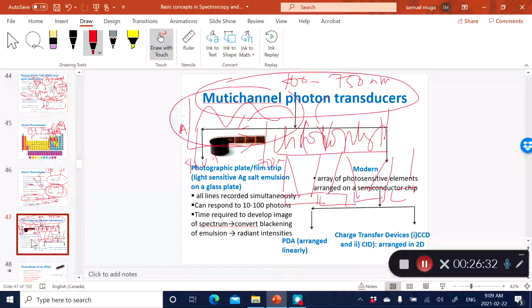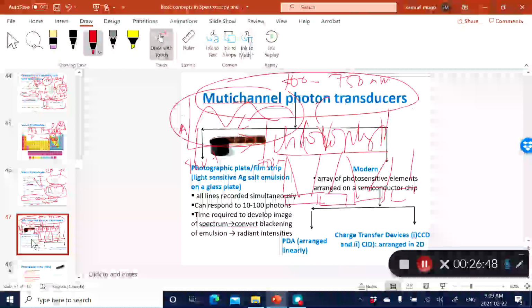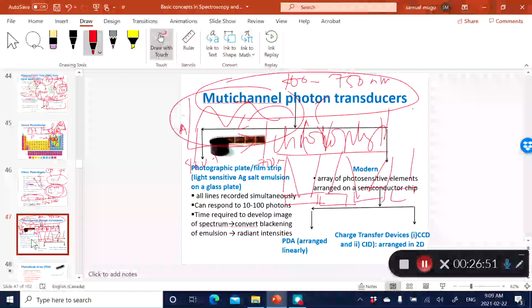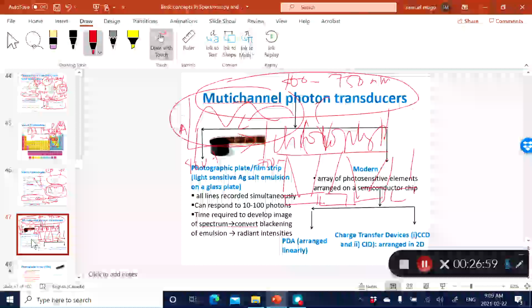And that is the basis of multi-channel photon transducers, meaning it's an array of detectors that afford acquisition of a full spectrum simultaneously, rather than rotating the grating or scanning the instrument and using a single type of detector.